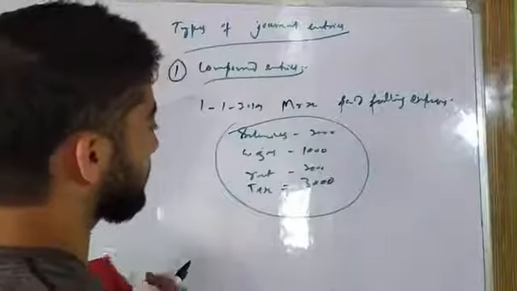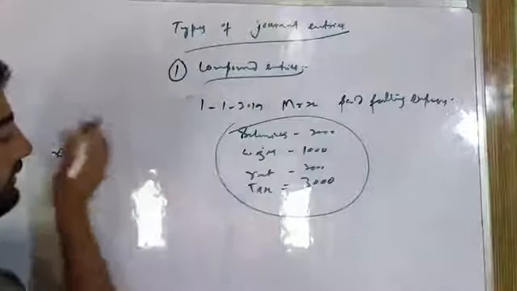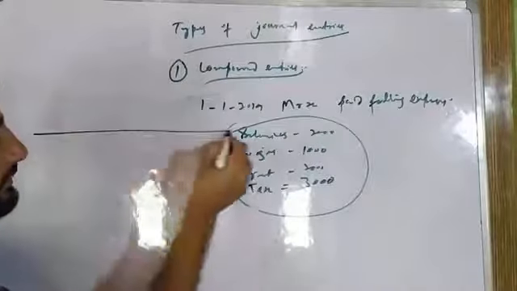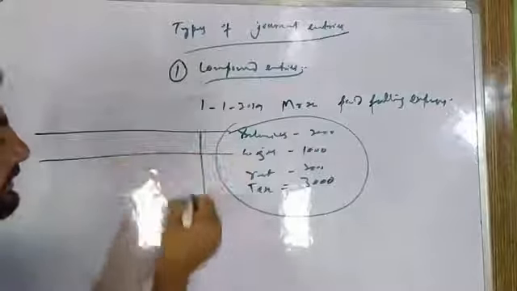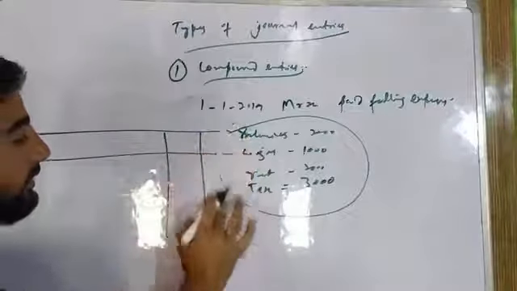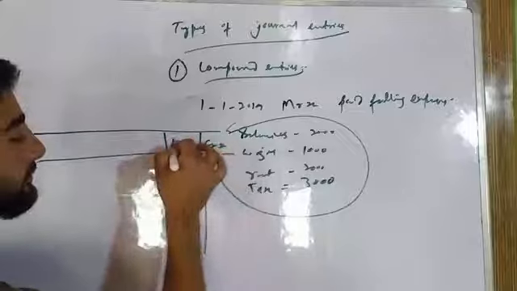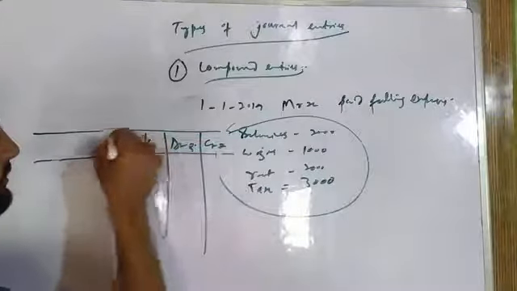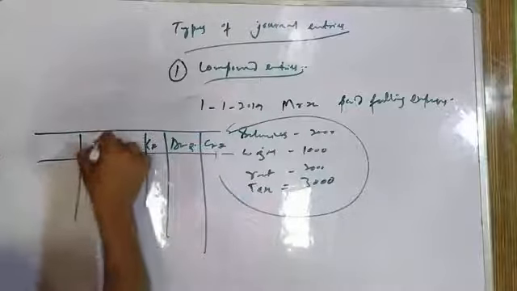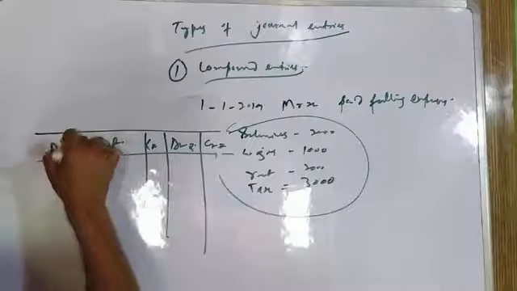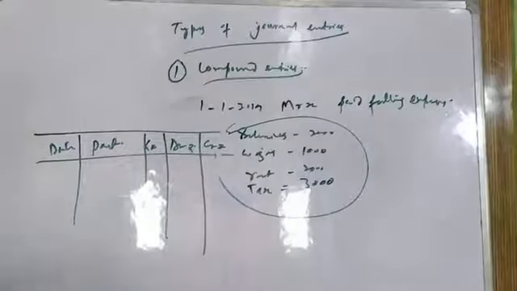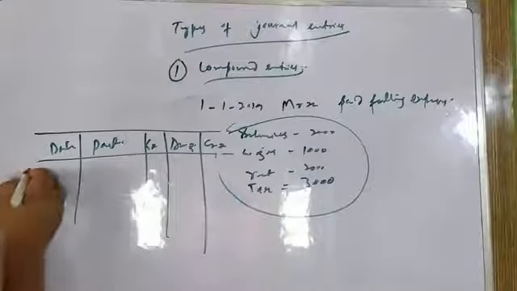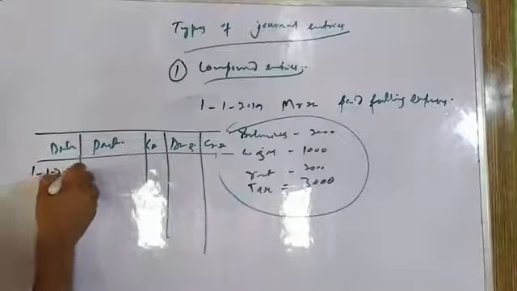When we prepare a journal, let us prepare it here: credit amount, debit amount, ledger folio, particulars, date. The date will be 1st January 2019.